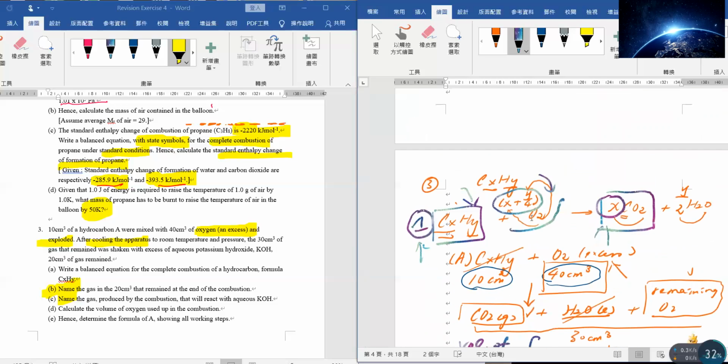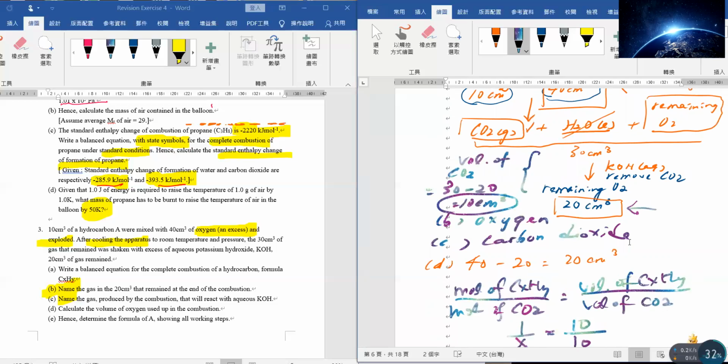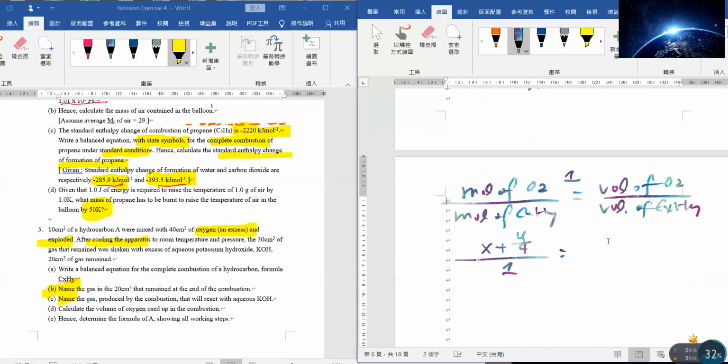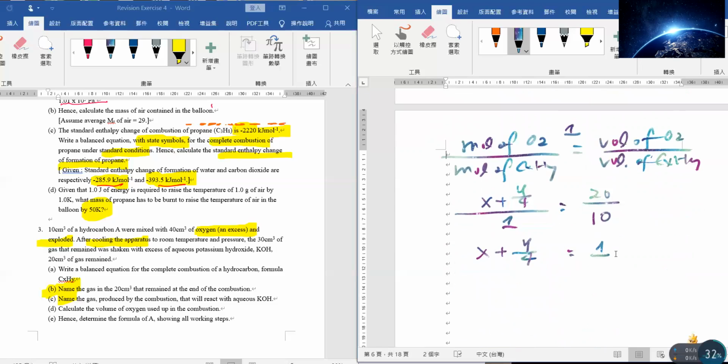When you look at the equation here, mole of oxygen is x plus y over 4, and mole of CxHy is 1. So it will be x plus y over 4 to 1. And volume of oxygen reacted is 20. Volume of CxHy is 10. So it will be 1 to x plus y over 4. From the above calculation, x is equal to 1, right? So we can substitute 1 here.